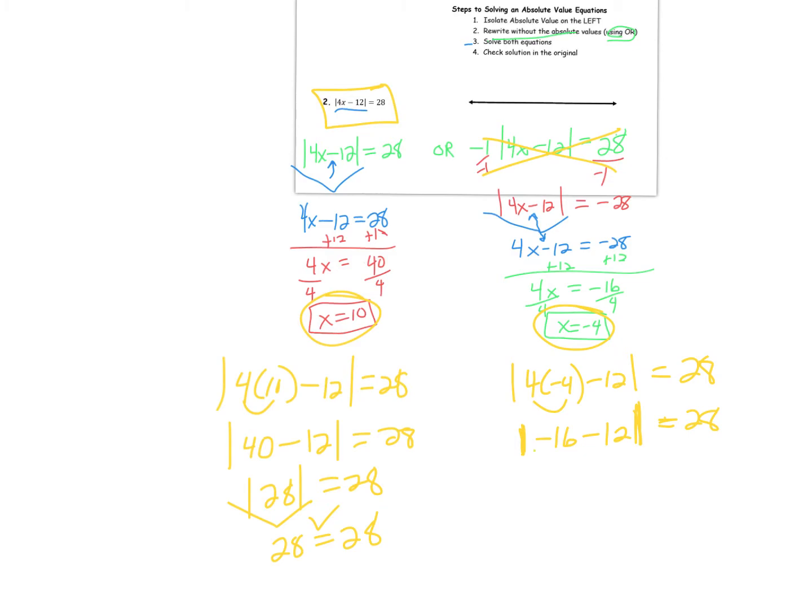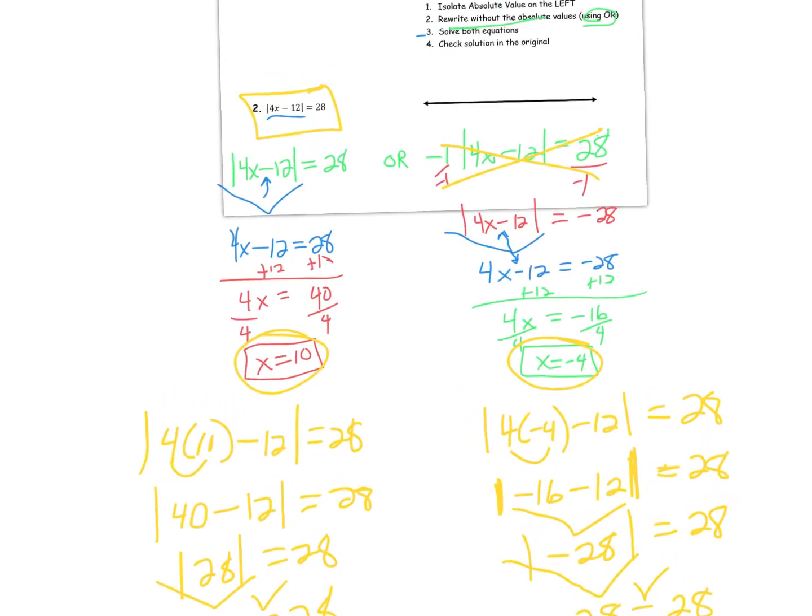So we have to do the work inside. Evaluate. Negative 16 minus 12 is negative 28, equaling 28. And now snap the absolute value. And the absolute value of negative 28 is positive 28. And checking our answer, we're good. So both answers do work.